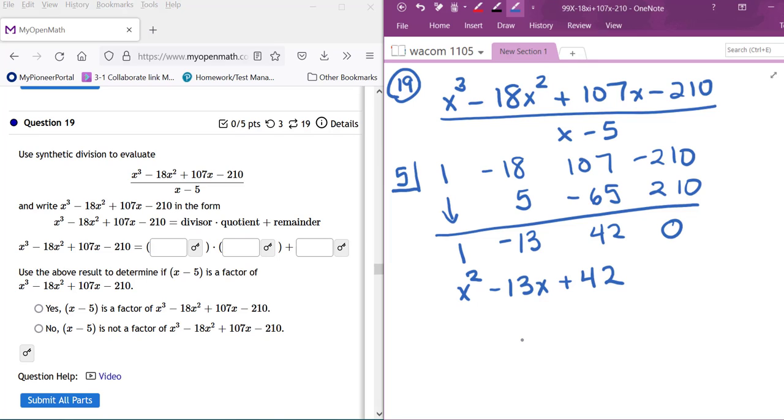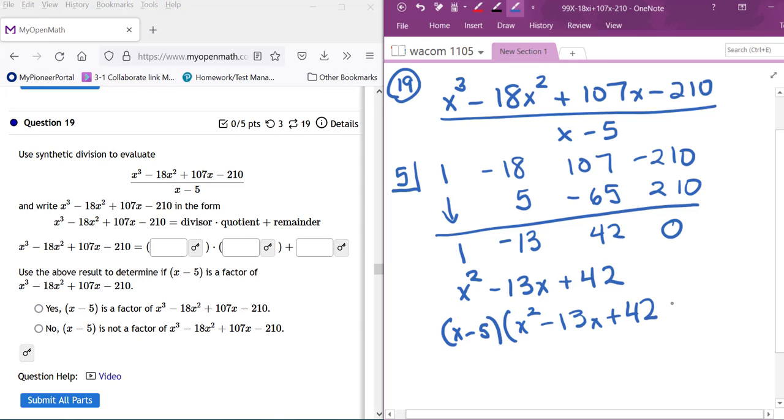And they actually want the divisor first. Our divisor is x minus 5. So the way they want this answer is divisor x minus 5 times quotient x squared minus 13x plus 42. And then they would want us to put a remainder. Well, our remainder is 0.